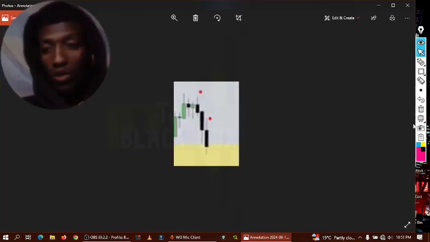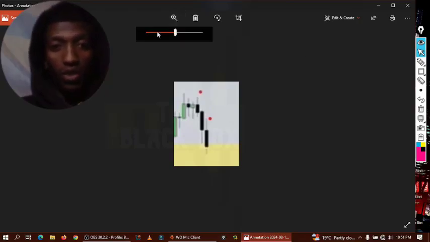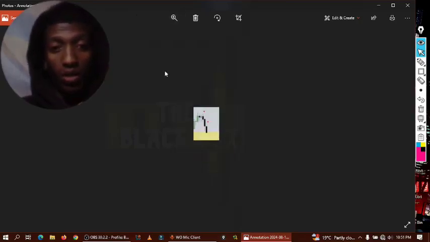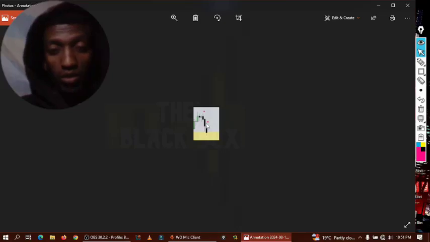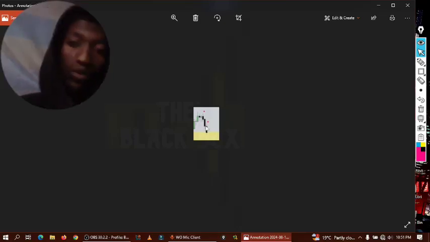Okay, it is zoomed in. Let me zoom out. That's basically it. As you can see, that's simply beautiful. After hitting TP2, we will be taking our partials right here. So no worries at all.